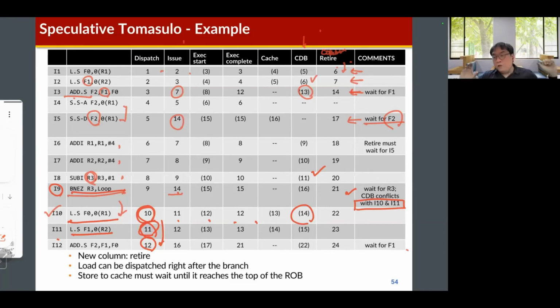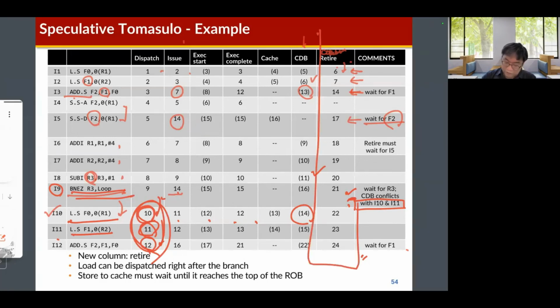This is a hardware resource, so if the common data bus is occupied, this instruction cannot use it, and we need to avoid this situation. So this is the clock cycle table of the speculative Tomasulo algorithm. The main feature is that after the branch instruction, the instructions can be executed. The main part is the retire, or commit, column.